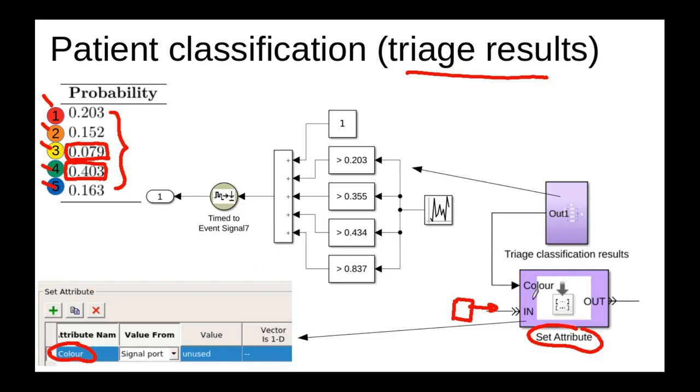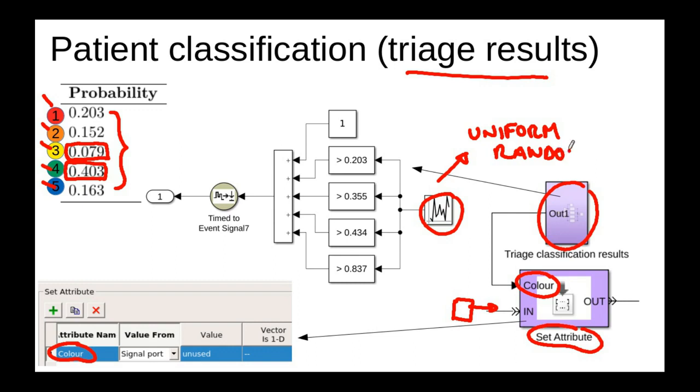Well, here the patient is assigned a color, and this color is the result of a subsystem. This subsystem has been built by myself, and here at the beginning, we have a uniform random number.